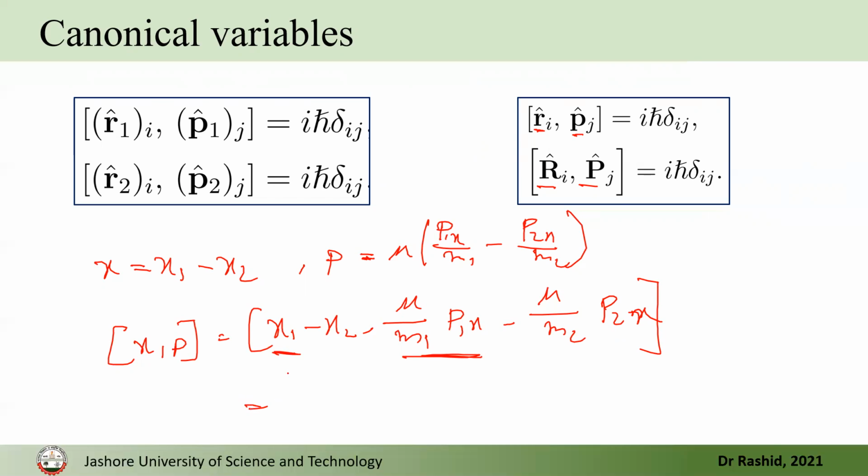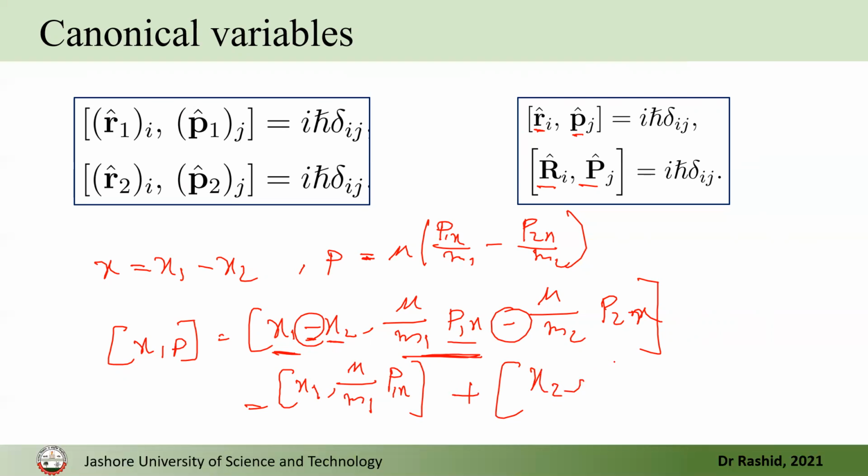And x2 commutes with p1x, but it doesn't commute with p2x. So we have here a minus, and this becomes plus. So we have x2 comma mu by m2 p2x.